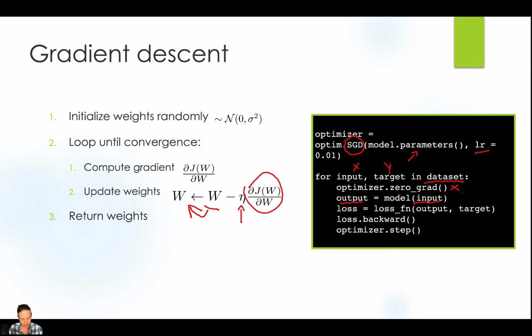Then in the loss function, whichever loss you defined, I left it open here, you feed the predicted outputs y hat and the target labels y. Then we do a backward pass to calculate the gradients, and then we actually change the weights. This is gradient descent.